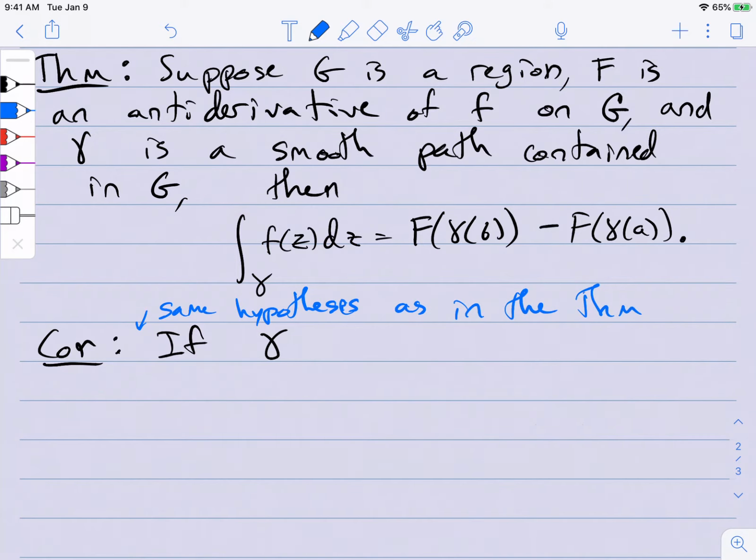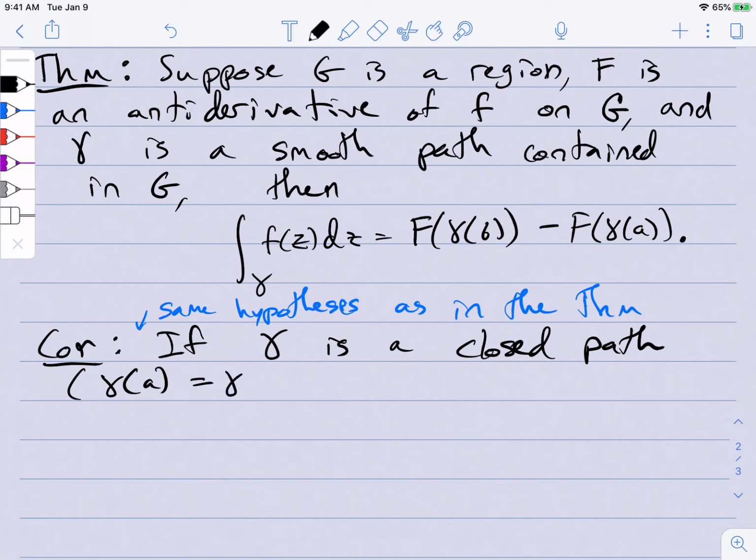So we've got a function f, an antiderivative capital F, etc. If gamma is a loop, in other words, if it's a closed path, closed just means that the starting point and the ending point of our path are the same, then the integral over gamma equals 0, right?